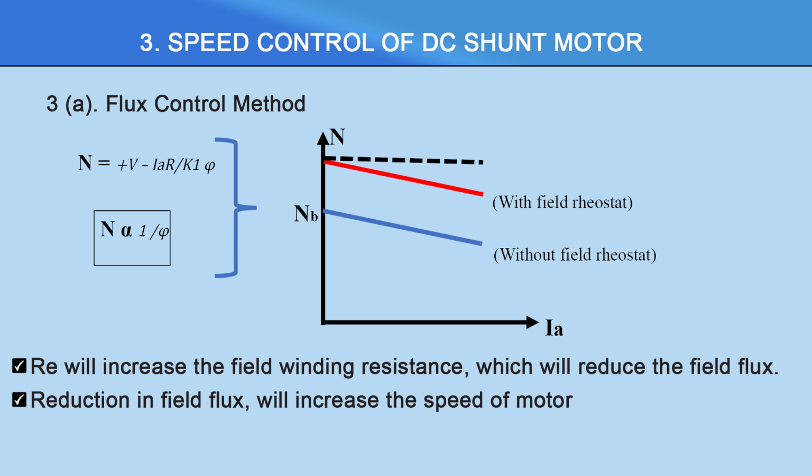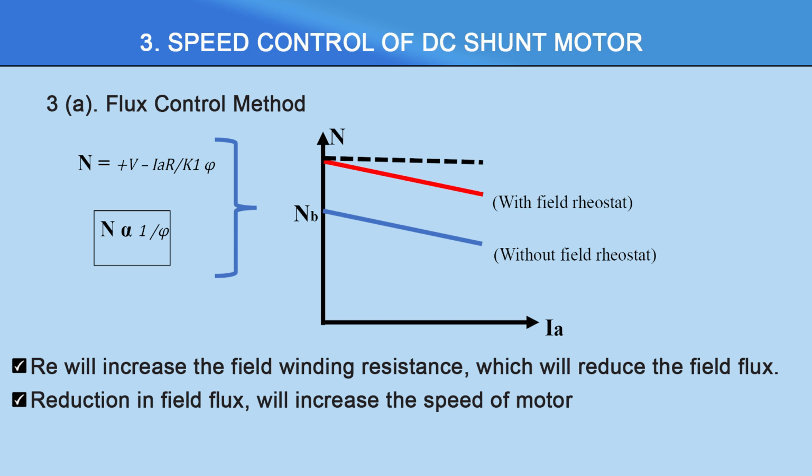This is an important equation for speed control. In this equation, if we create a relation between the speed and the flux phi, then we can say that the speed is inversely proportional to phi, because N is equal to V minus IA RA divided by K1 into phi. If we consider the other parameters as fixed or constant values, then N is inversely proportional to phi. And in the previous case, what have we seen?